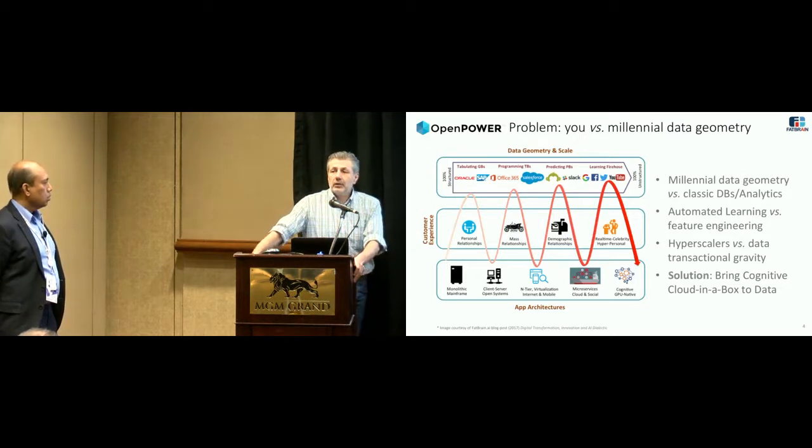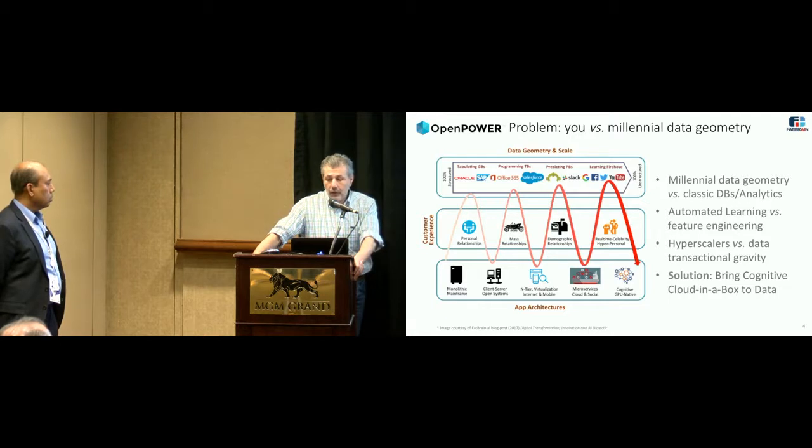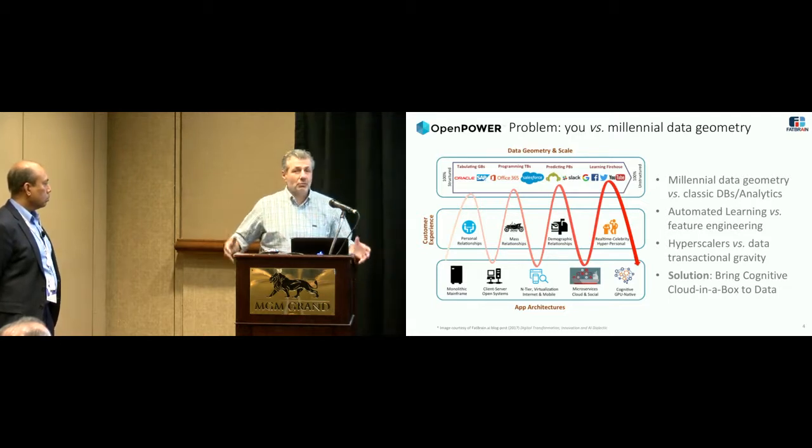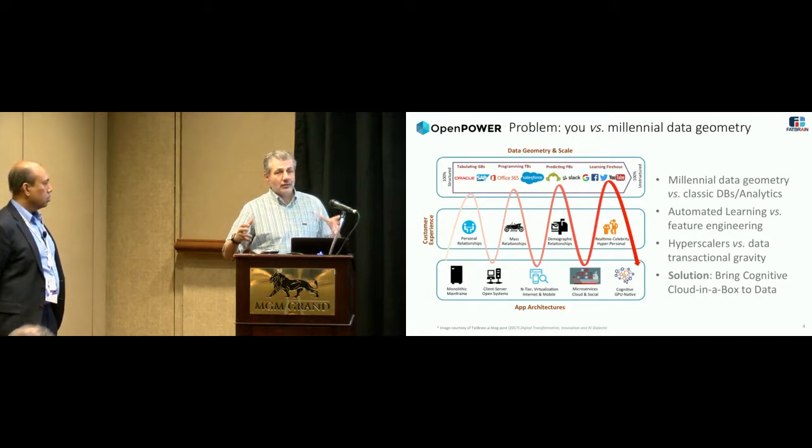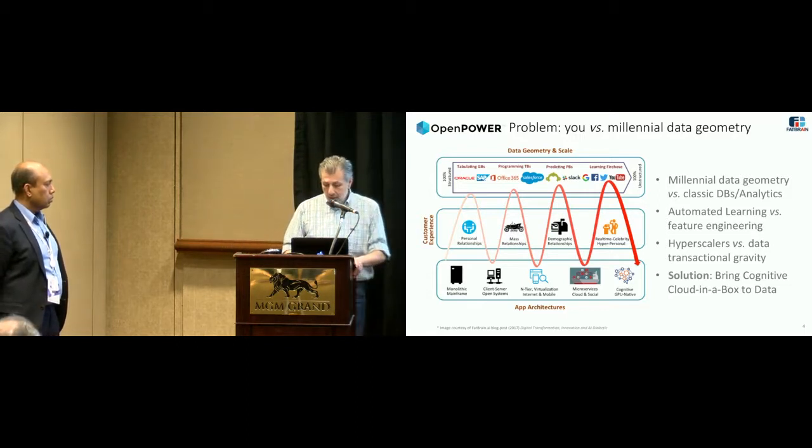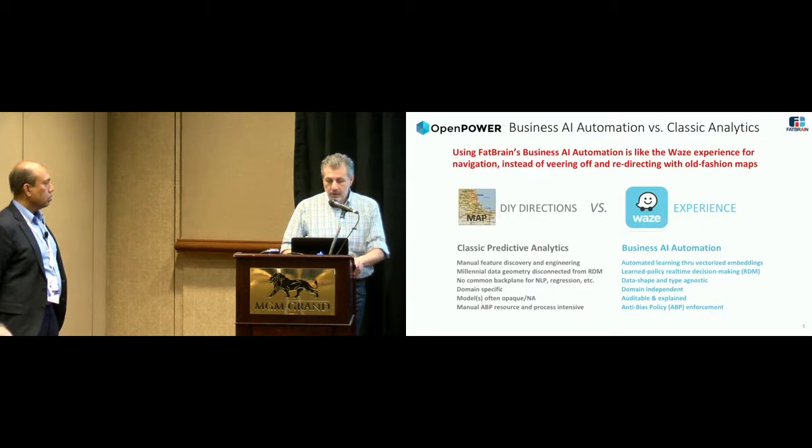So the big value that we see and a big problem that we solve for is this idea of automated learning versus feature engineering that is normally presented. And how do we take something that goes beyond classic analytics to cognitive analytics, which is much more valuable. To us, the solution is very simple: a cognitive cloud in a box that comes to your data and enables this kind of experience.